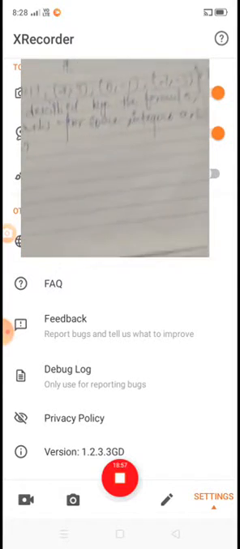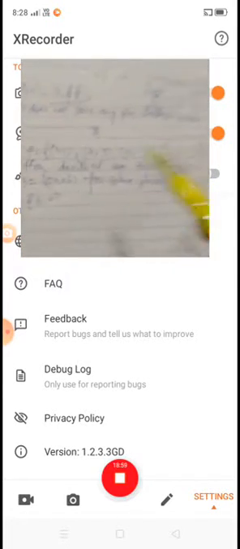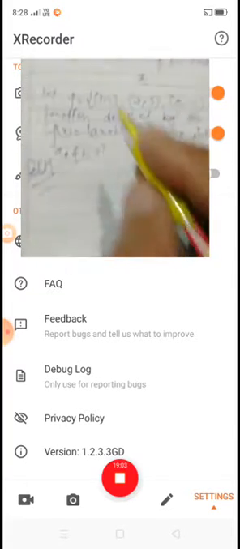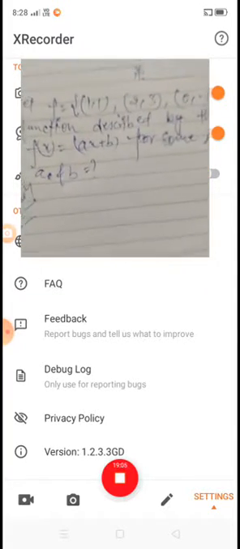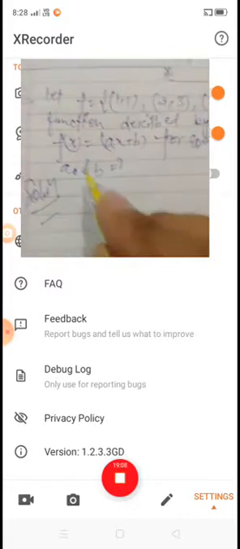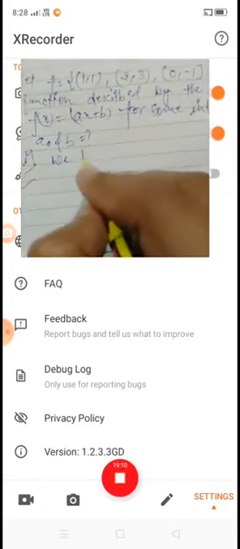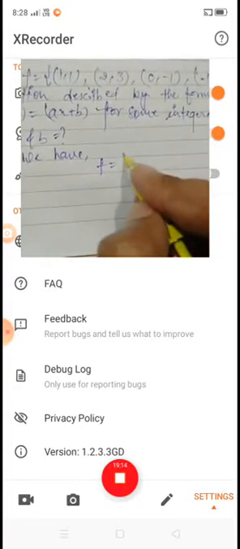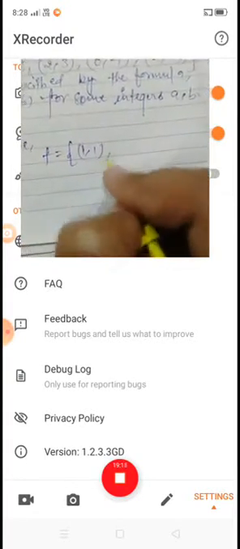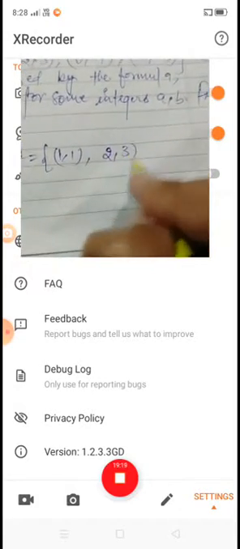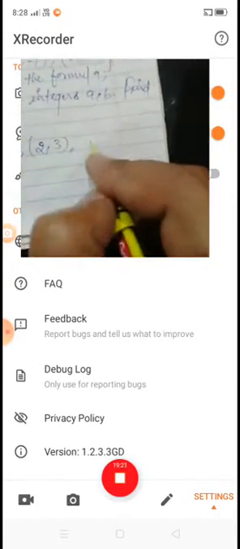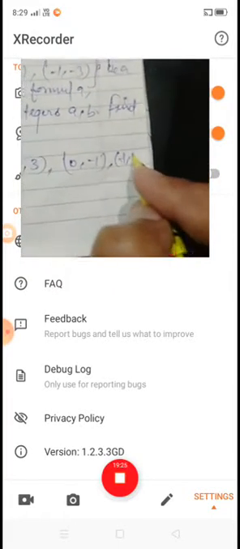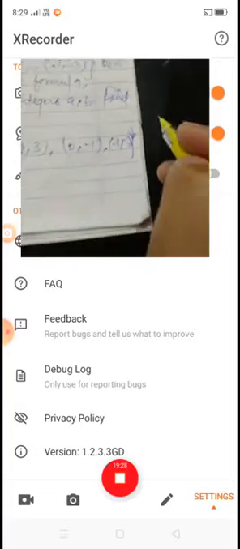In the previous question we solved that type of question. In the same way we solve this question also. First of all we write the function. We have the function f is equal to 1 to 1, 2 to 3, 0 to 1, minus 1 to minus 3.